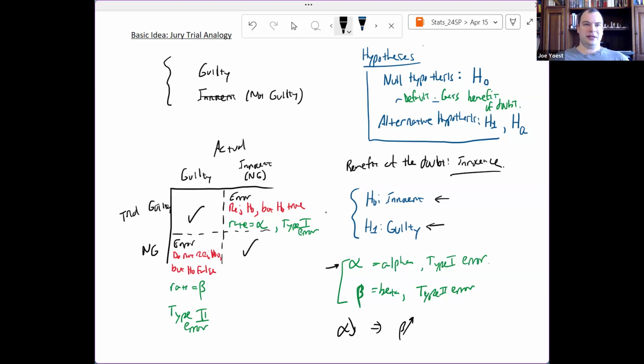If the evidence we collect kind of points to them being guilty but isn't super strong, we stick with the default. We stick with the null. We give it the benefit of the doubt. If it's not super strong evidence they're guilty, we declare them not guilty, they go free. In order to switch from our null to our alternative, we need to have a lot of evidence, very strong evidence, beyond a reasonable doubt that they're guilty.